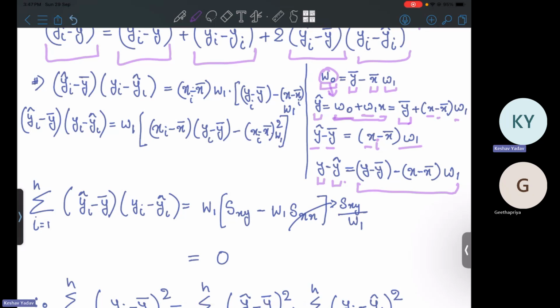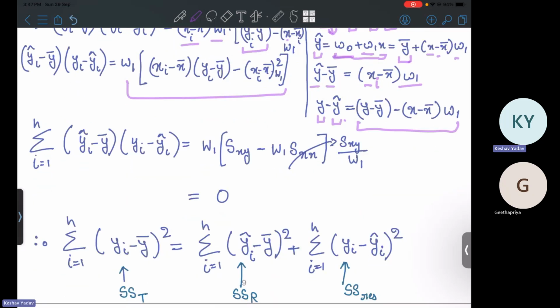So the expression will be what? The first term will be xi minus x bar times W1. The second term will be yi minus y bar minus xi minus x bar multiplied by W1. Now you take the multiplication of this term inside here. This will lead to this term.